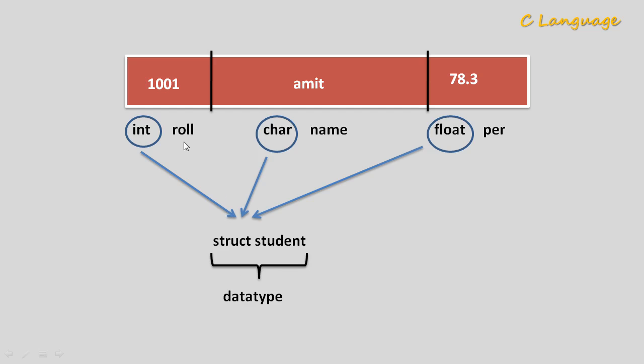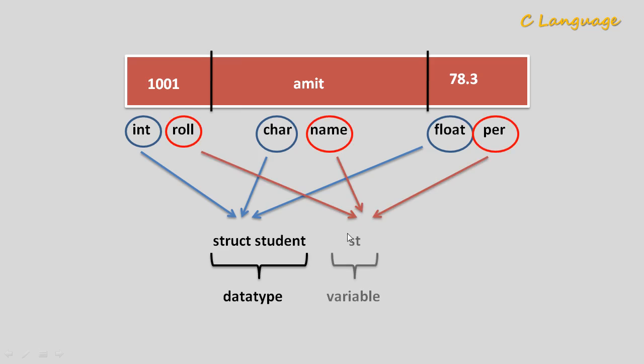In the same way, this whole memory location is given a name, that is st. So struct student is the data type, and st is the variable. This st variable has roll number, name, and percentage.